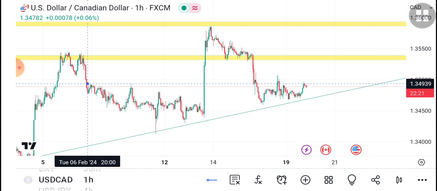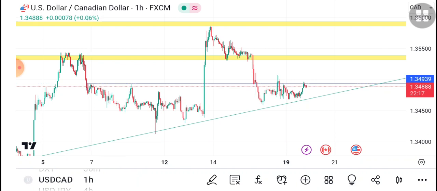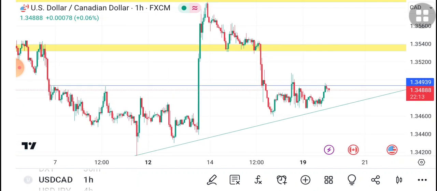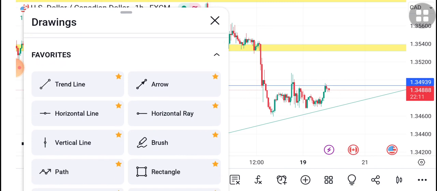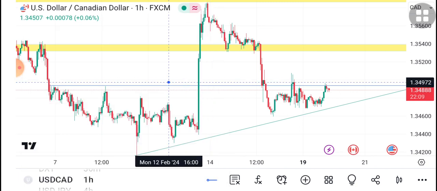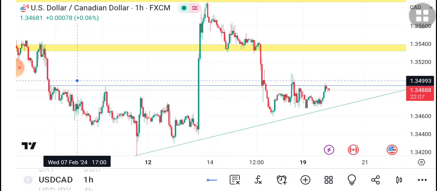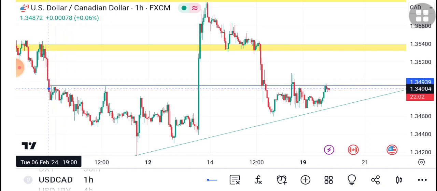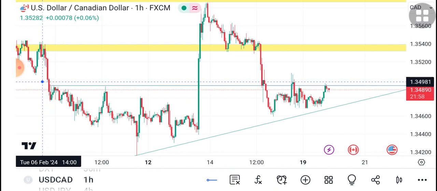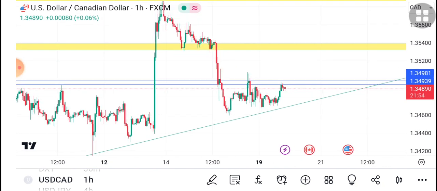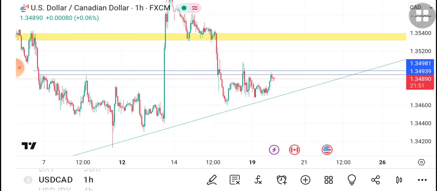We don't need to use zones when we are in a small time frame. We can use horizontal lines. We have a zone here, we have a level here that was highly respected. So we have this level here.